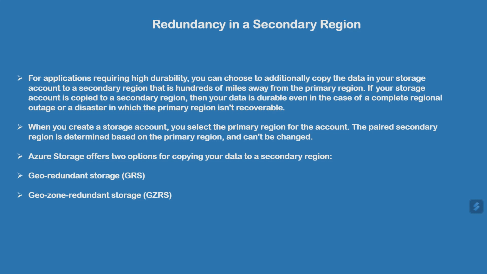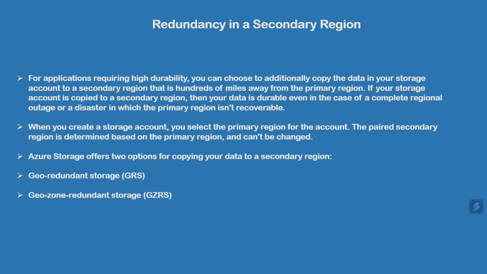The paired secondary region is determined based on the primary region and can't be changed. So when you select a primary region and you select redundancy across regions, the paired secondary region is determined by Microsoft and it can't be changed. So you don't have a choice over it.